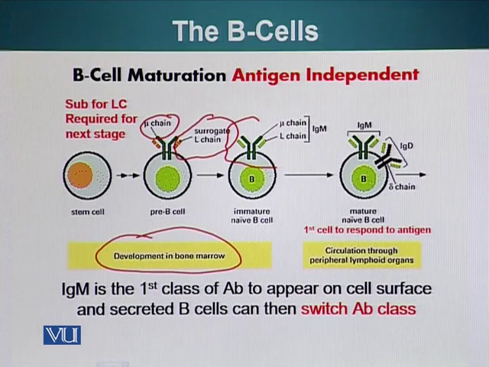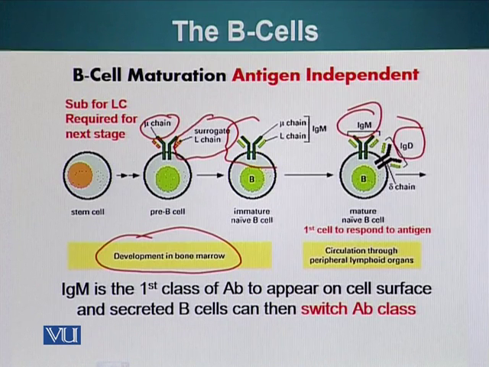Immature naive B cells are released. They go into the circulation and then they go to the lymphoid organs like lymph nodes that we have talked about. Here, B cells produce another type of antibody on their surface, which is IgD. Here I would like to emphasize and re-emphasize that we will talk about the classes of antibodies. Two classes are mentioned here, IgM and IgD.